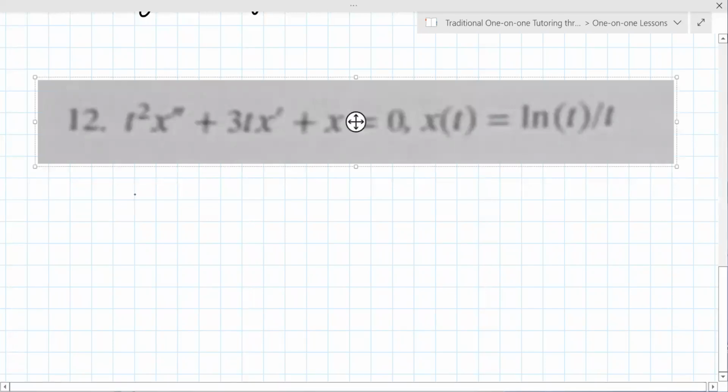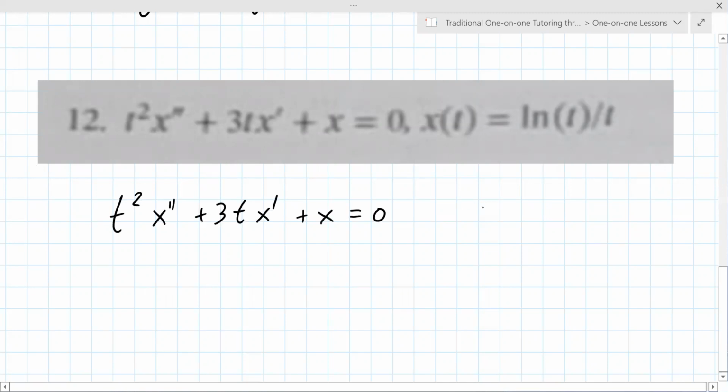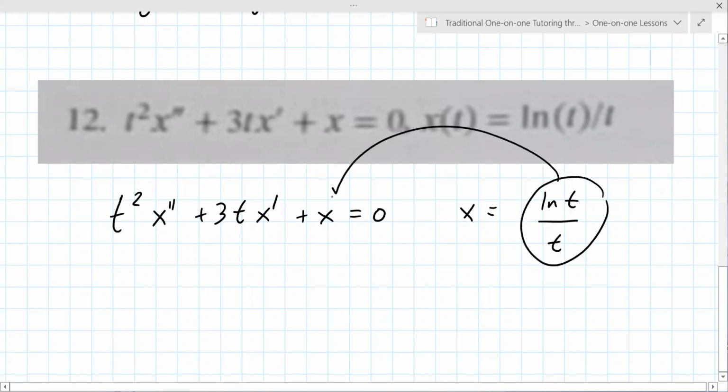Okay, so let me just write this here. It's t squared x double prime plus 3t x prime plus x equals 0. And they're telling you that x equals natural log of t over t. So that goes in for x. But you also need x prime, which means you have to take a derivative of this thing on the right, which is why you learned all your derivatives over the years.